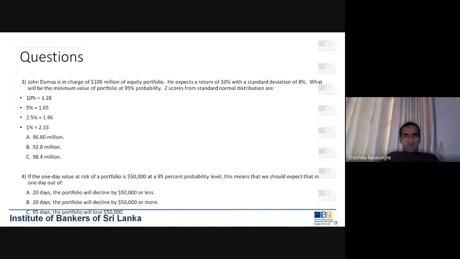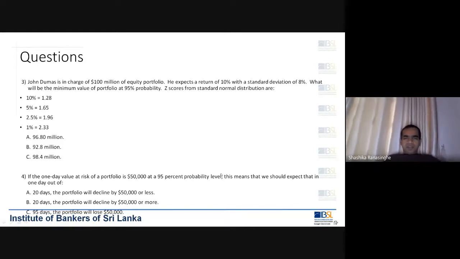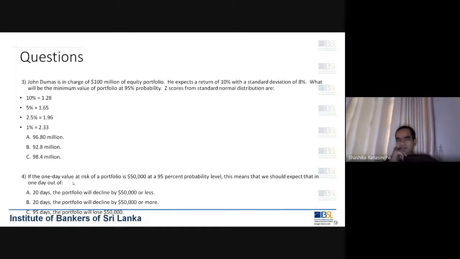Number 4. If the one-day value at risk of a portfolio is $50,000 at 95% probability, this means that we should expect that in one day... Okay, so at 5% your value at risk is $50,000, which means 5% of the time it can be more than $50,000, right?